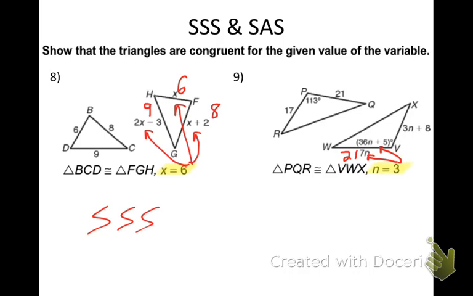Blake, what's 36 times 3 plus 5? 113. Nice job, sir. 113. And then I plug the other one in. 3 times 3 plus 8. Are they all the same? Do I have the same sides? Same angle, same sides. So that'd be side, angle, side.